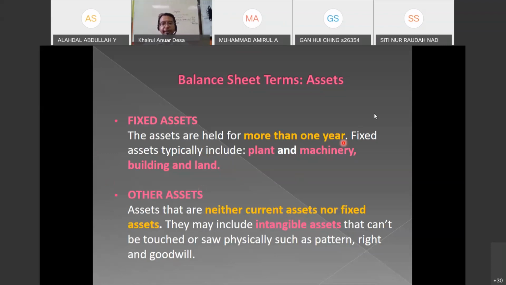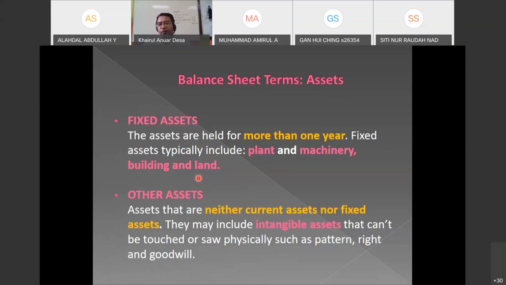So, contoh-contoh aset jangka panjang. Of course lah, plant, machine, building, land. Dan lain-lain jenis aset yang kita anggap jangka panjang. Okay. Plant ataupun machine ini, kita tak belilah kita guna setahun kita jual kan. Of course kita beli plant ataupun kilang kita atau building and land ini for the long term use, untuk kegunaan jangka panjang.